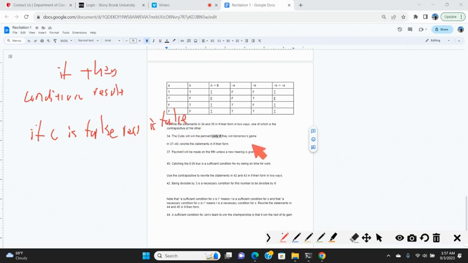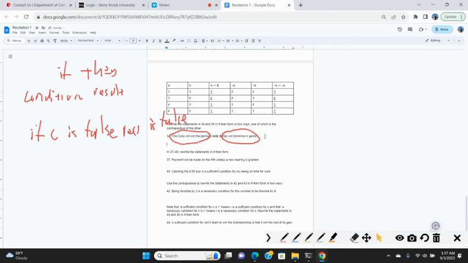So let's see. This would be the condition. This is the result. If we utilize that understanding, therefore, if the Cubs don't win tomorrow's game, then the Cubs will not win the pennant.